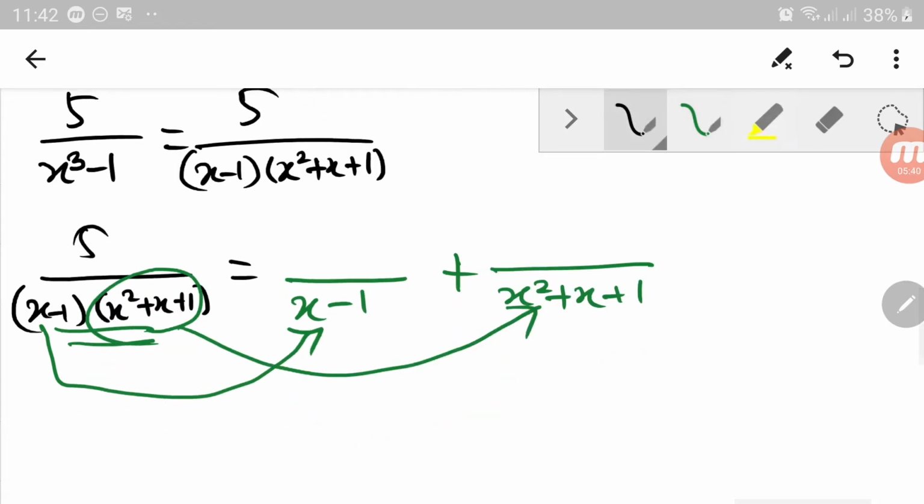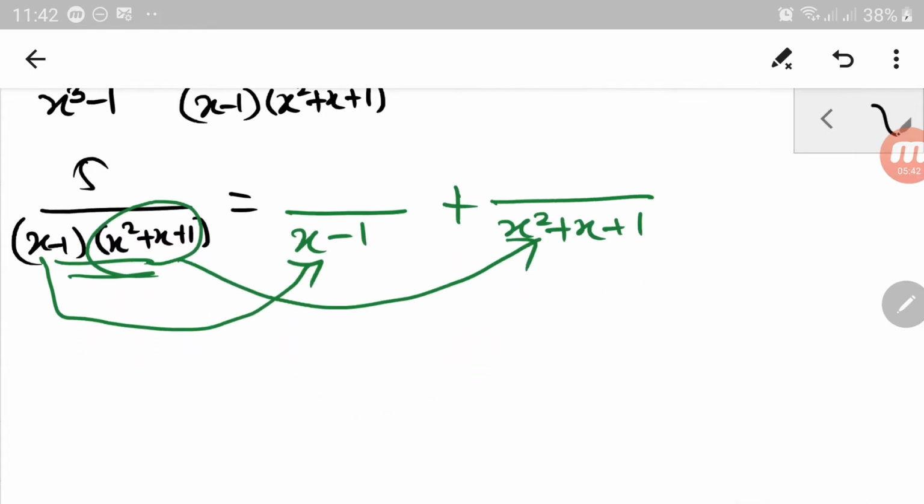Now for the first fraction, the degree of the denominator is 1. So the highest possible degree of the numerator must be x to the power of 0, so the coefficient is, let's call it F. For this one, the degree of the denominator is 2, so the highest possible degree for the numerator is x to the power 1 and x to the power 0.